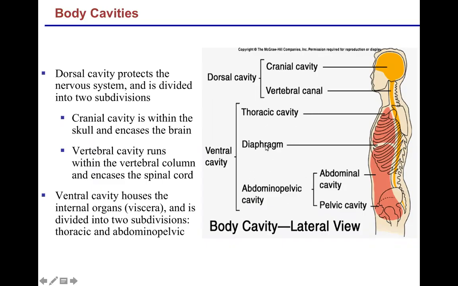In between these two cavities there's a diaphragm, a membrane-like structure which divides the thoracic cavity and the abdominal cavity, basically like a partition. The abdominopelvic cavity in turn has two parts. One is known as the abdominal cavity, the other is known as the pelvic cavity. What are the organs and organ systems inside it? We'll learn in the next slide.